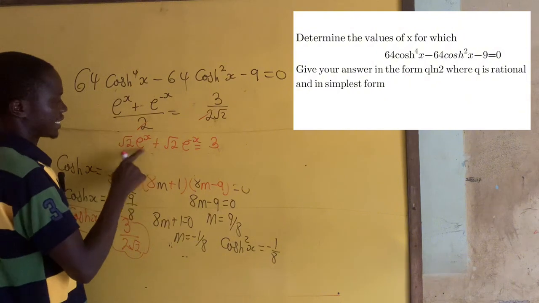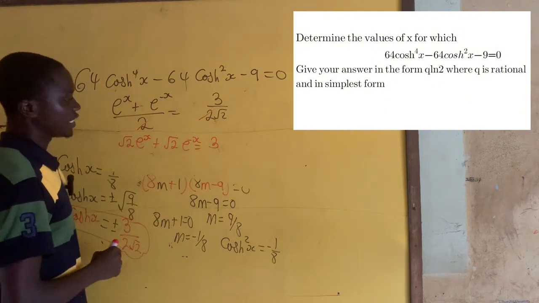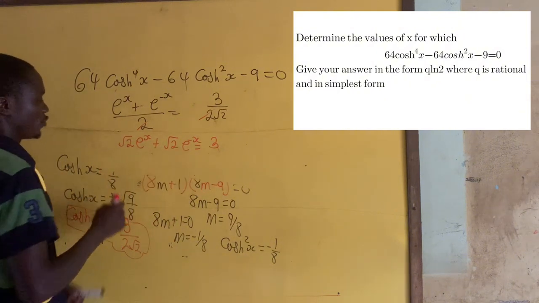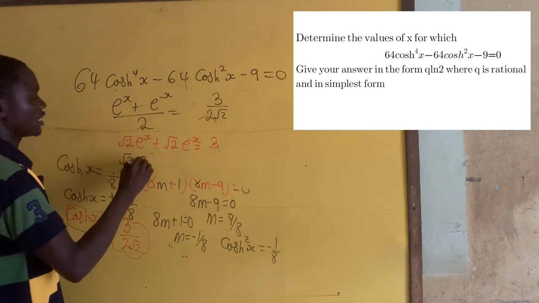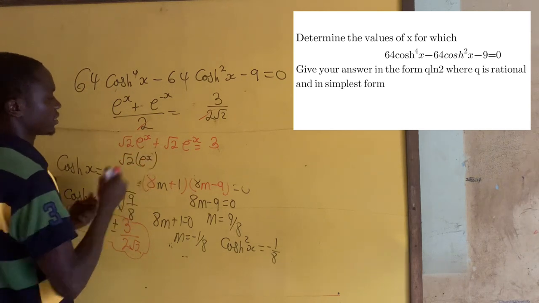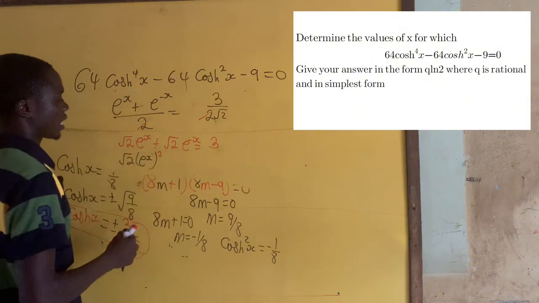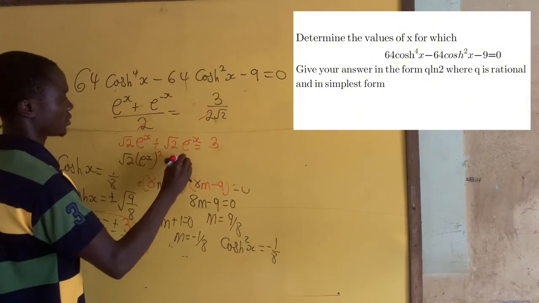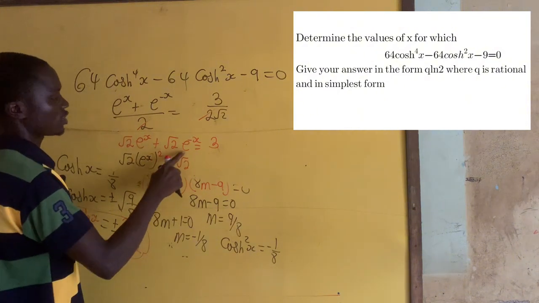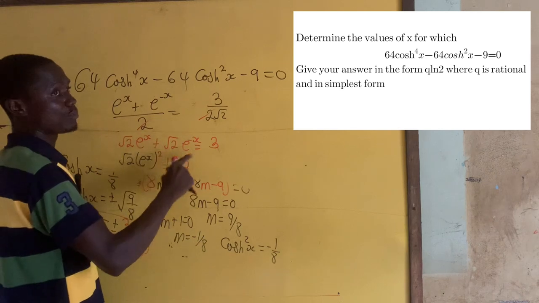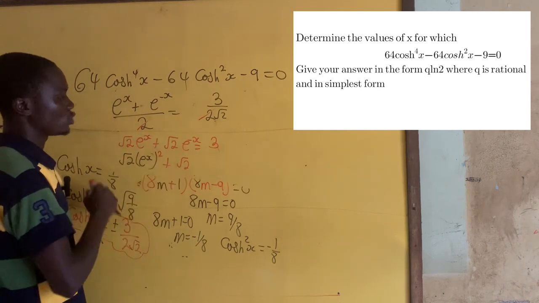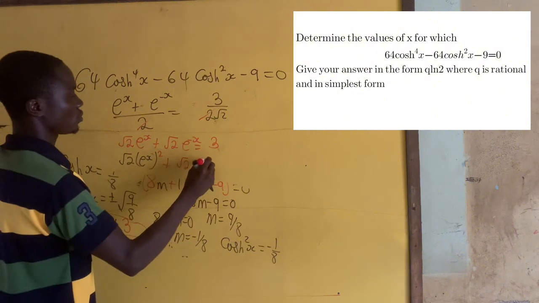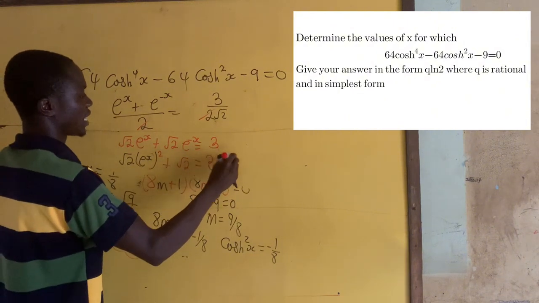Now, let us multiply through by e power x. So we have root 2 e power x squared plus root 2, because e power negative x times e power x will give us e power 0, which is 1, times root 2, equal to 3 times e power x.